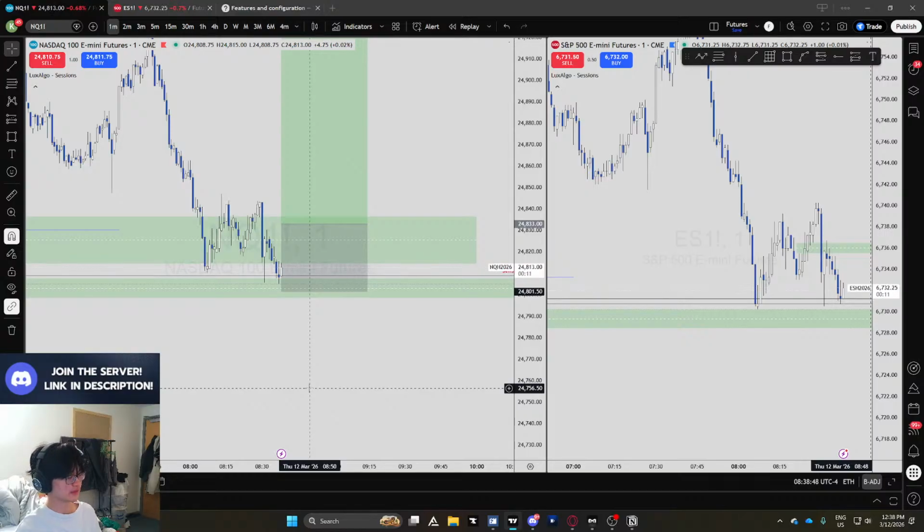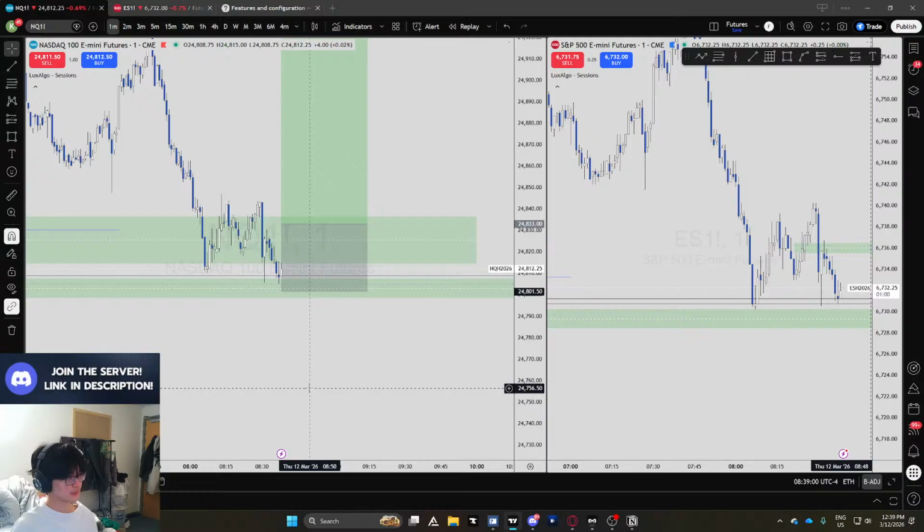I'd have to see really big displacement for me to take long here. Then it'll be more convincing that that's actually a sweep.